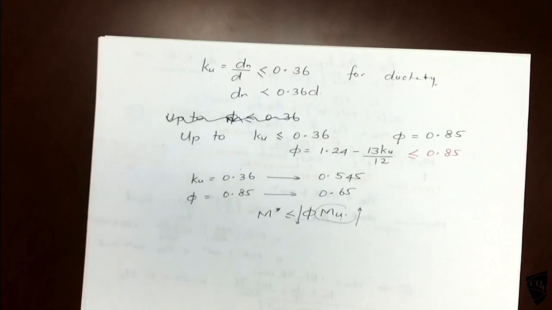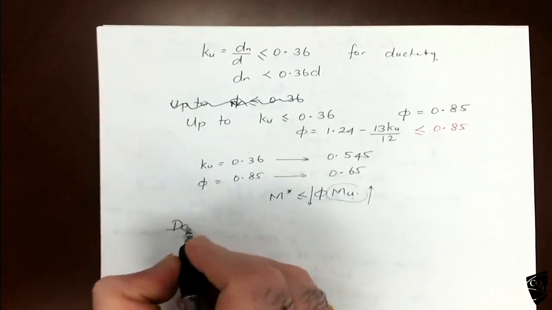Okay, so in that case, if you still need more moment but we have reached 0.36, what we can do is use the doubly reinforced section.